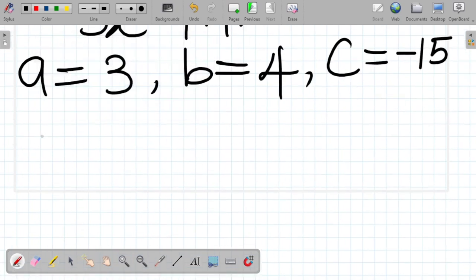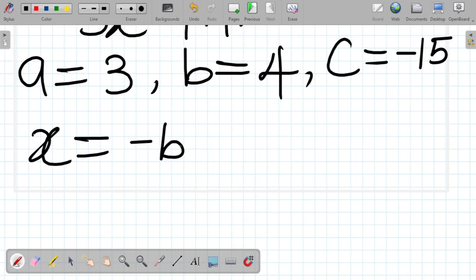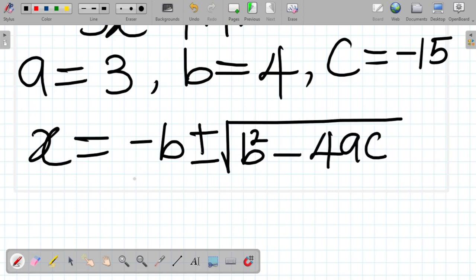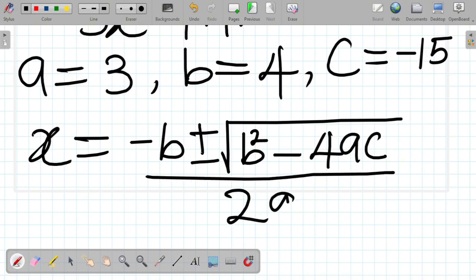Now let's write down the quadratic equation or formula. x is equal to negative b plus or minus square root of b squared minus 4ac, all over 2a.